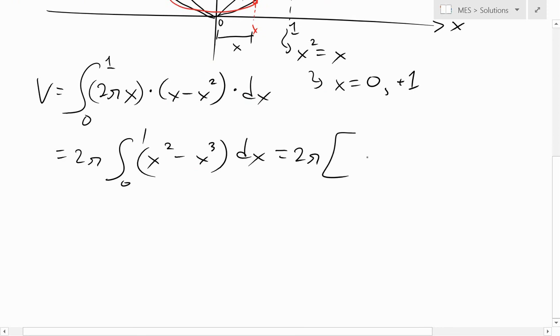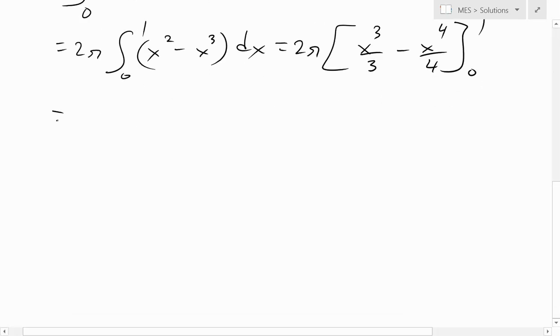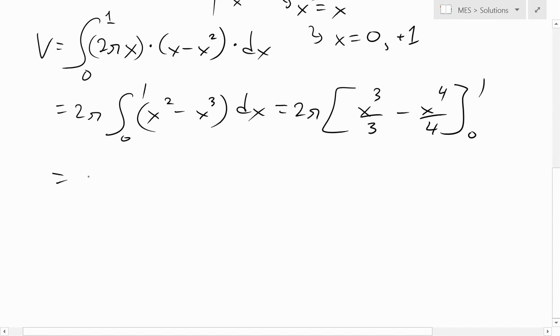So 2 pi, the integral of x squared is x cubed over 3 minus x to the fourth over 4, from 0 to 1. Now this equals, plug in the 1, so we get 2 pi times 1 over 3 minus 1 over 4. The 0 just becomes 0, so we can ignore it.